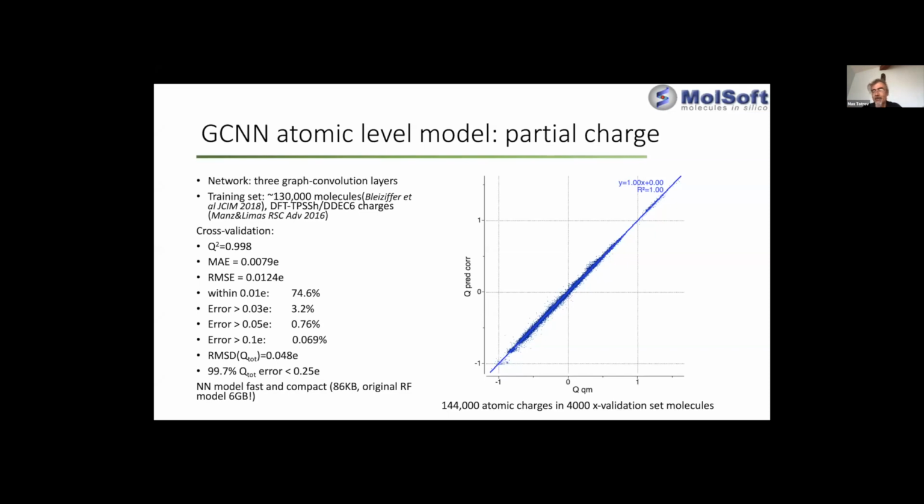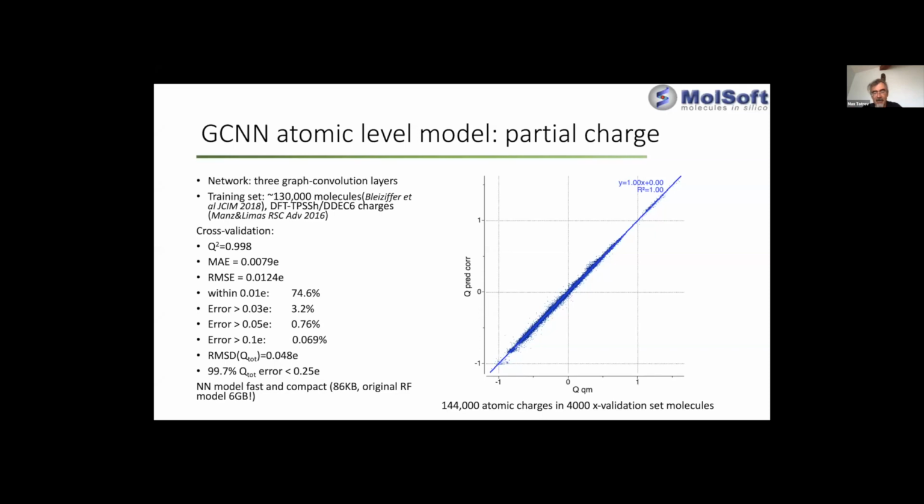This is from a paper where they originally did this similar type of modeling, but using random forests. They calculated charges using DFT and then the DDEC algorithm by Thomas Manz, and trained on those. We used that set in our own work here, and all the metrics are excellent, I would say.